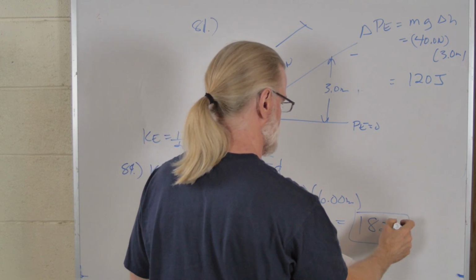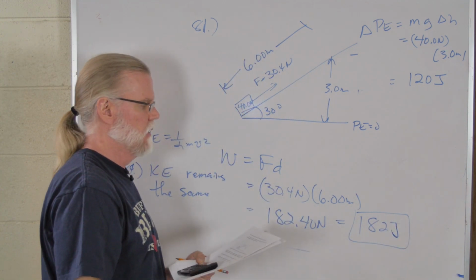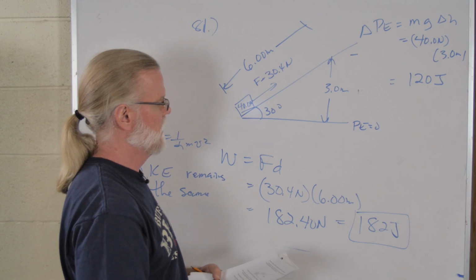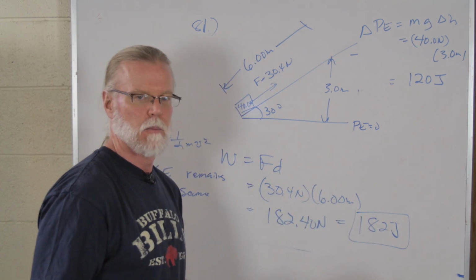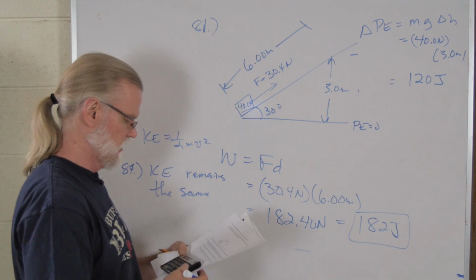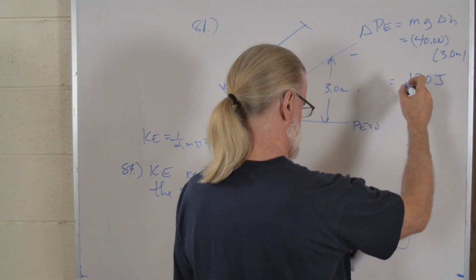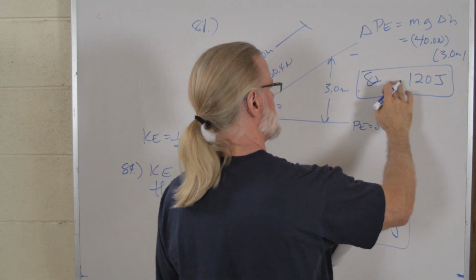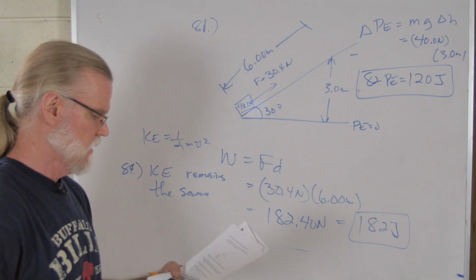That's joules, not newtons. 182 joules of work to get it up there. So some of that, 62 joules, must have been internal energy. So this was 82, I guess. The potential energy is 120 joules.